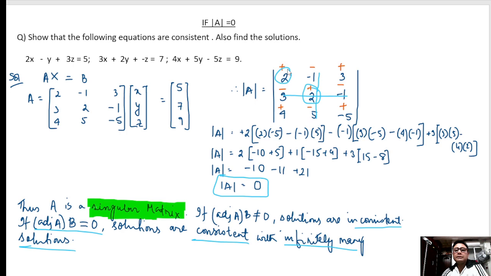You have to take this, this, this and this. Similarly, for this one, you have to take this, this, this and this.